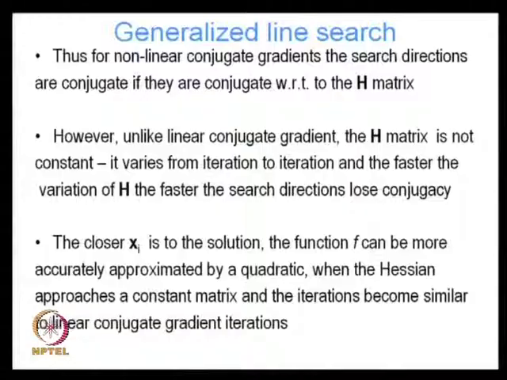If they maintain conjugacy, all the good things follow, all my convergence properties follow, and I am assured to converge. The closer xi is to the solution, the more accurately the function f can be approximated by a quadratic, when the Hessian approaches a constant matrix and the iterations become similar to linear conjugate gradient iterations.